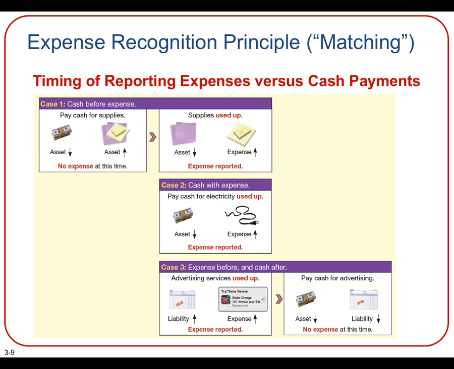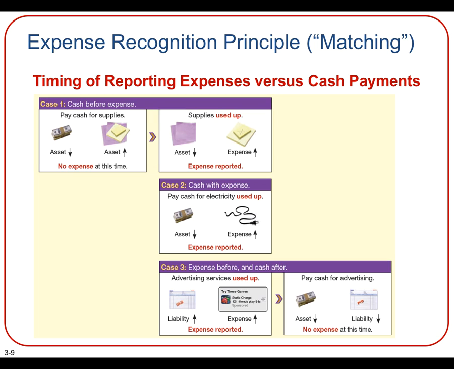And case number three, the expense before and cash after. See, you pay for these advertising services, right? It's online advertising. They do online advertising for a month and they didn't charge you. They just give you maybe an invoice for the last month's online advertising service. So the expense is already incurred. The advertising service already happened and was used up, so you record the expense.